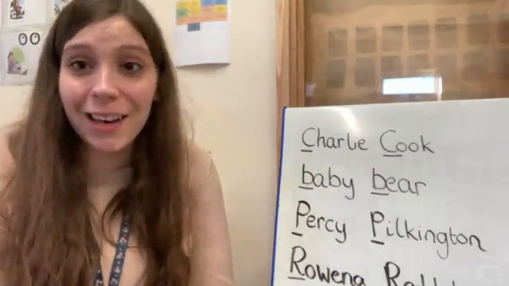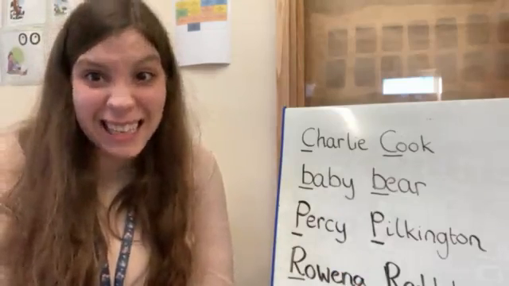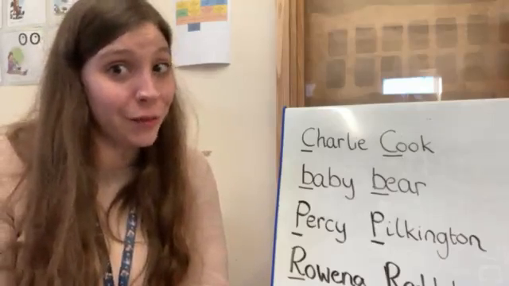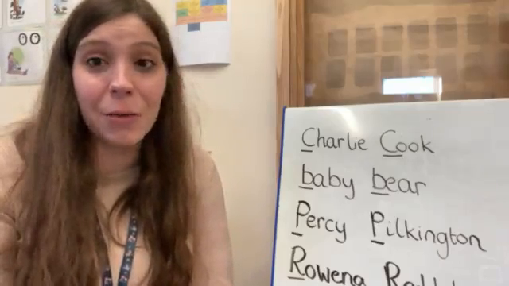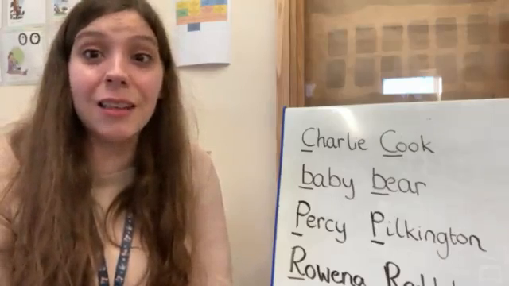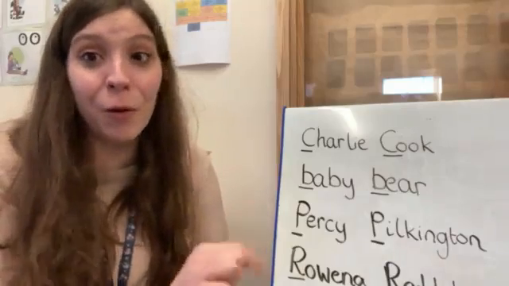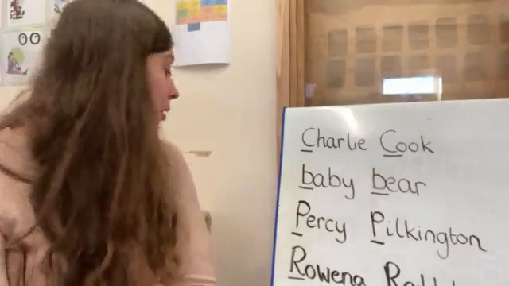Now, our task that we are setting you today is to have a little bit of fun with alliteration. Instead of Charlie Cook's Favourite Book, we want you to come up with a title including your name and alliteration before the words favourite book.